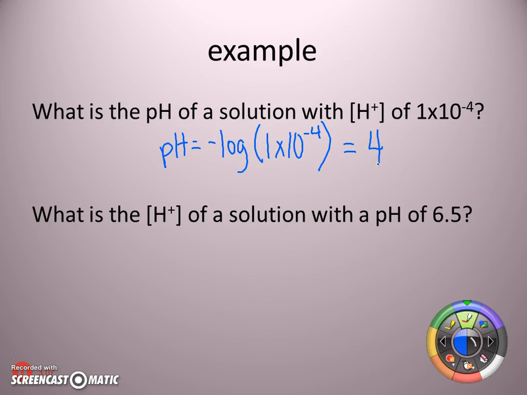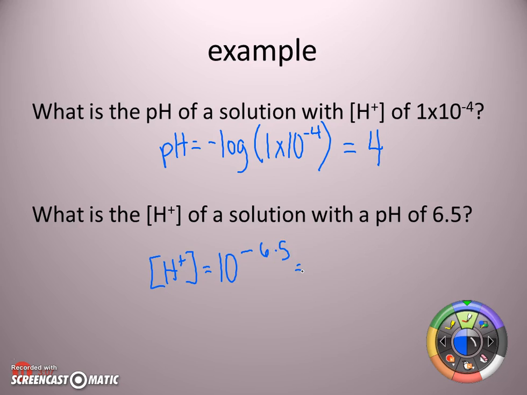Then they want you to find the hydrogen concentration of a solution with a pH of 6.5. So you're going to find your hydrogen ion concentration is equal to 10 to the negative whatever your pH is, in this case 6.5.